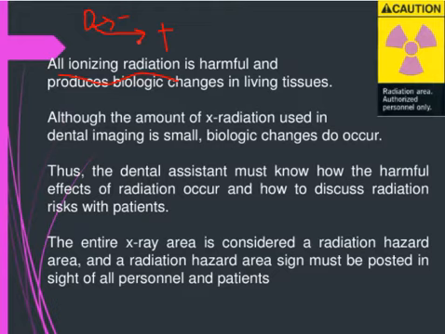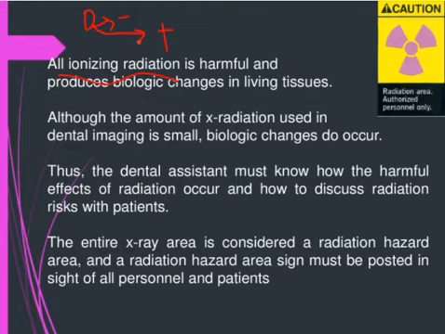We have two types of ionizing radiation. One is particulate, and the other is in the form of waves, which we call electromagnetic radiation. We are more concerned about electromagnetic radiation because that is the one we commonly use for diagnostic or therapeutic exposures.